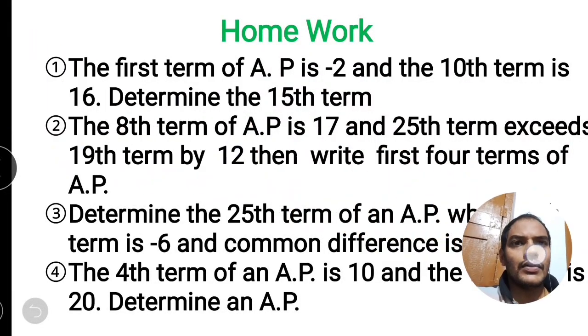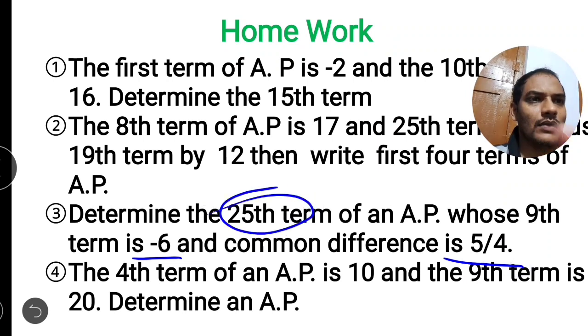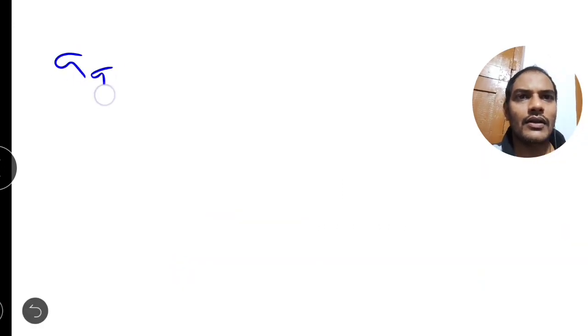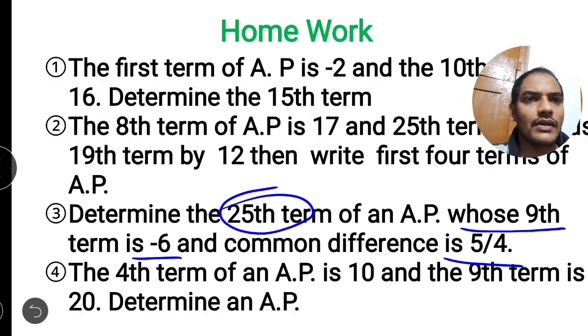Next, the third question: determine the 25th term of AP whose ninth term is minus 6 and common difference is 5 by 4. So A9 equals minus 6, so A plus 8D equals minus 6. The common difference D value is 5 by 4.